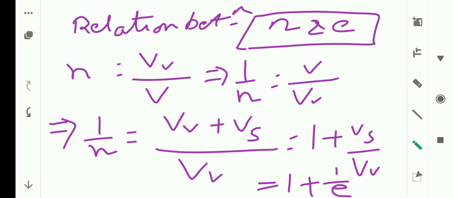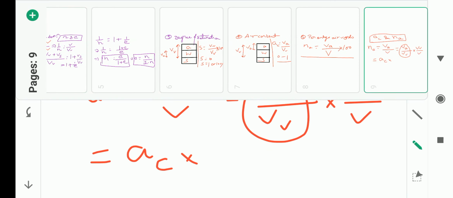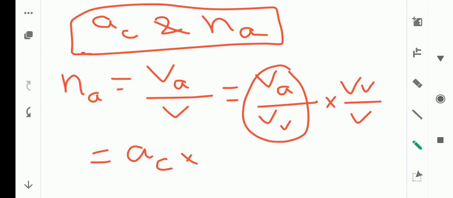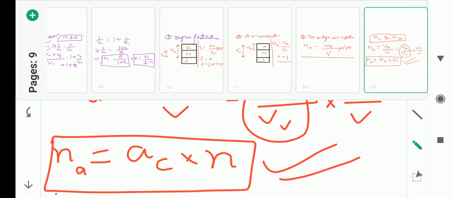Volume of voids divided by total volume is porosity, right? So what we got, Na, that is percentage air voids, is equal to air content into porosity. So this is the relation between the two, right?